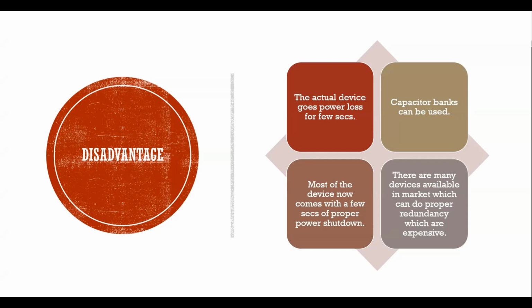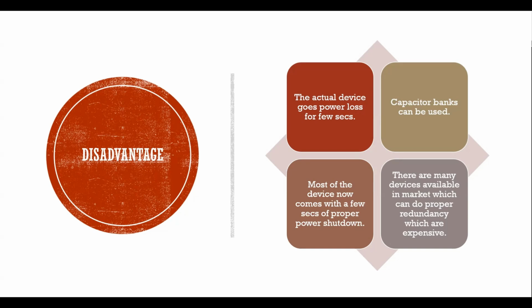For that, another solution is that you can have capacitor banks, let's say for 5 seconds or 30 seconds, which you could use as a power source whenever there is a switch between primary to secondary or secondary to primary. So capacitor banks can be used there.